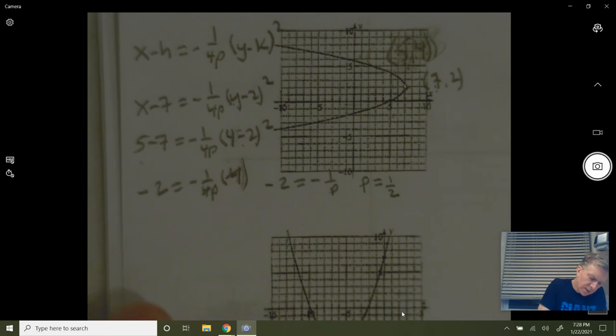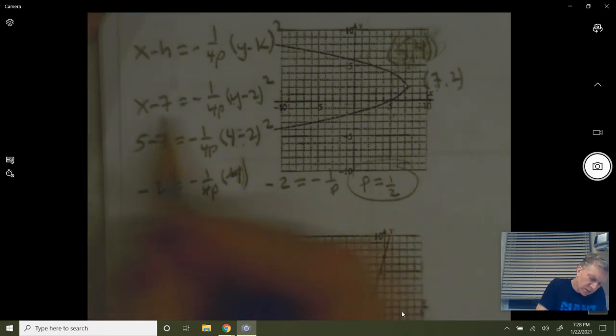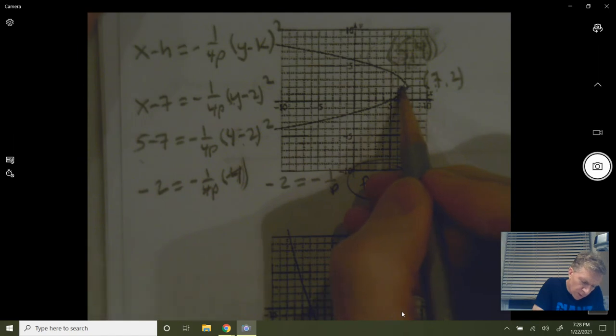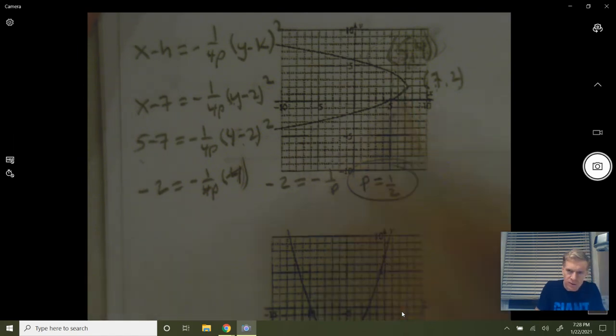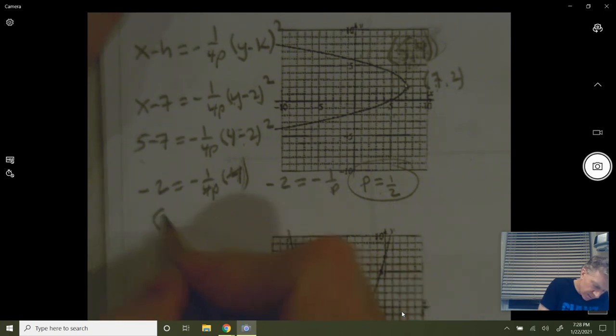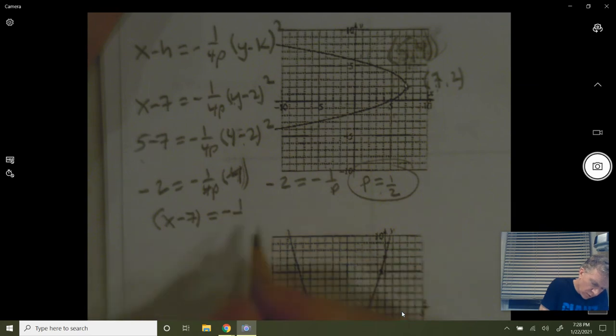Okay, so plugging that p equals 1/2 into your equation, that kind of makes sense. If I go 1/2 over, then I would go double that up and double that down. That looks like it makes sense. Okay, so I've got x minus 7 equals negative 1 over 4p.